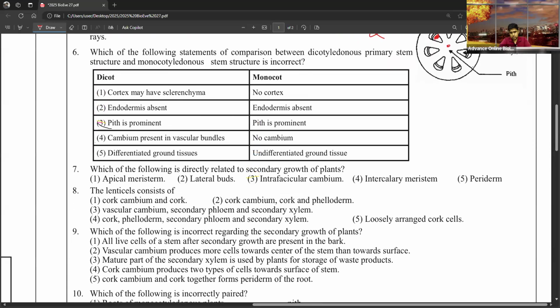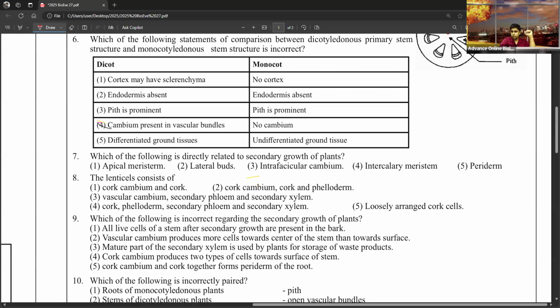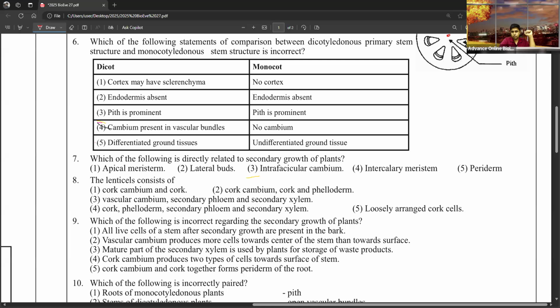Question number 6. Which of the following statements of comparison between dicotyledonous primary stem structure and monocotyledonous stem structure is incorrect, they ask.